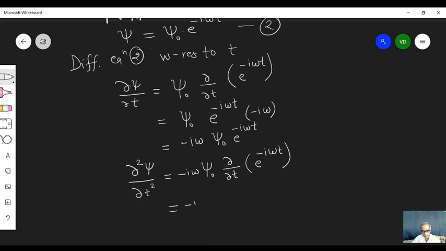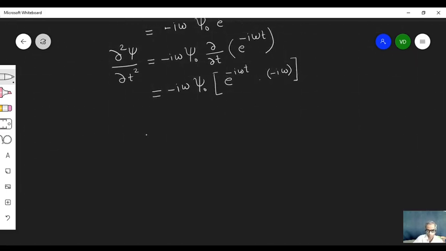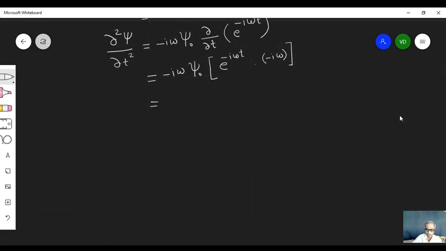This is equal to minus i omega psi 0 as it is, and the differentiation of this is like what we have calculated above, e to the power minus i omega t into minus i omega. So minus and minus becomes plus.